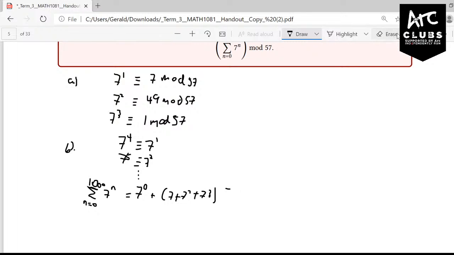But then when you add any extra terms, 7 to the power of 4 is just 7 to the power of 1. So we get 7 to the power of 1 again. 7 to the power of 5 is just 7 squared. So we have 7 squared again, plus 7 cubed, and so on.